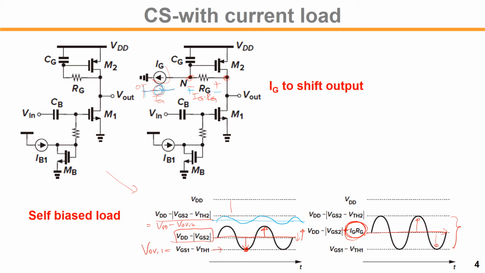By having pull up current, we can have a voltage drop across RG. We can move back to the middle similarly, right?